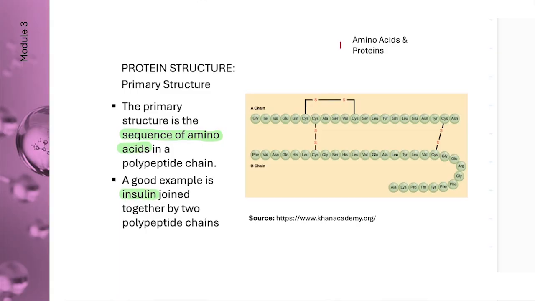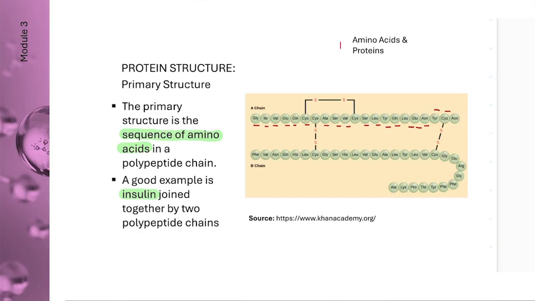So if you examine the protein insulin, you can see that it's just a long sequence of different essential and non-essential amino acids. So you can look at them: asparagine, tyrosine, cysteine, asparagine.